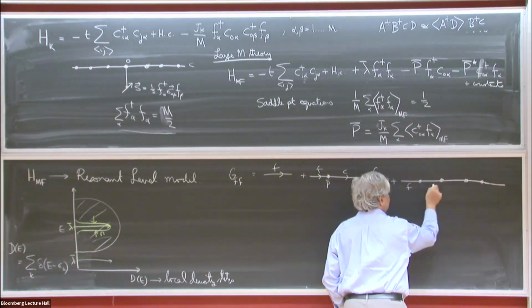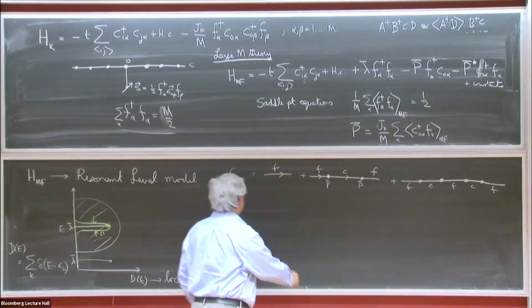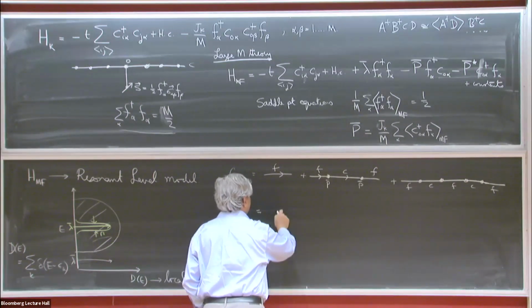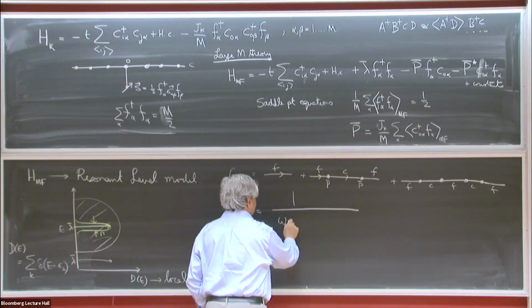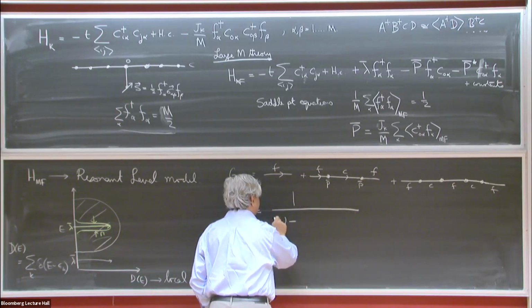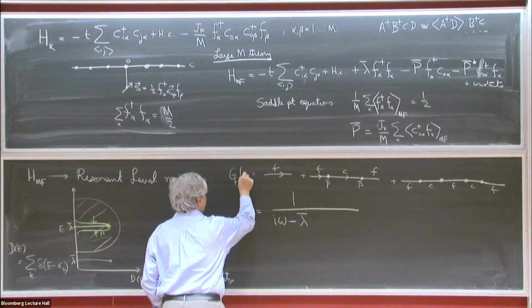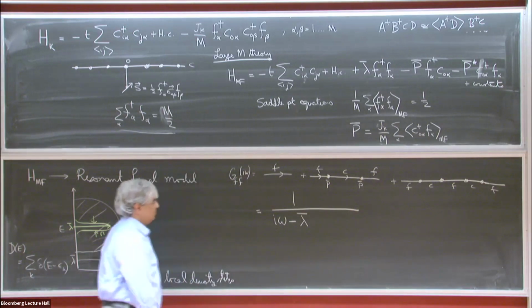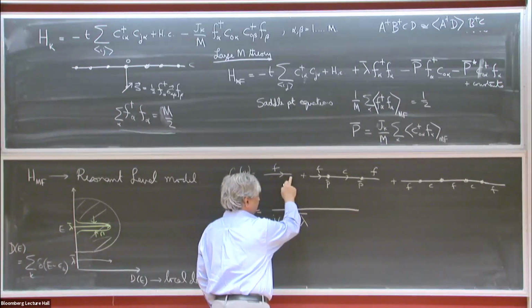You get f, c, f, c, f, and so on. And so you can sum this with a Dyson series, and it's easy to see. It's i omega minus lambda bar, that's the bare Green's function, in imaginary frequencies.